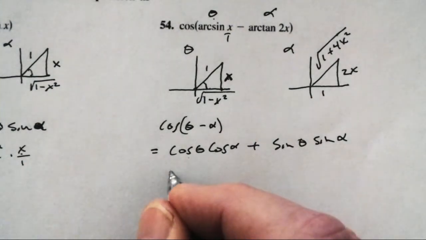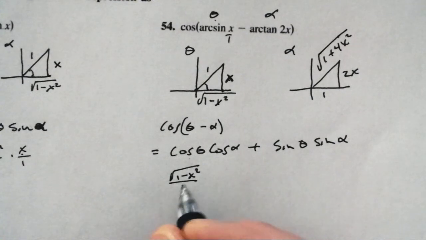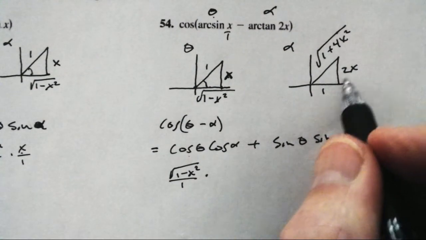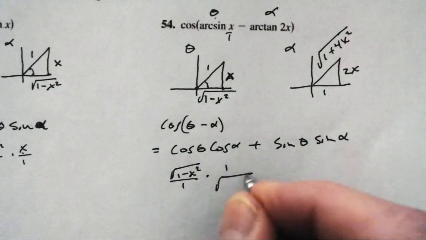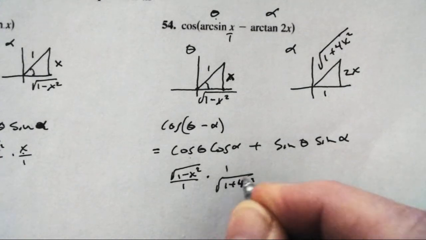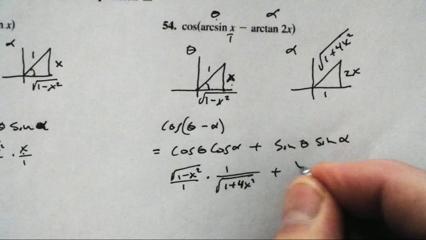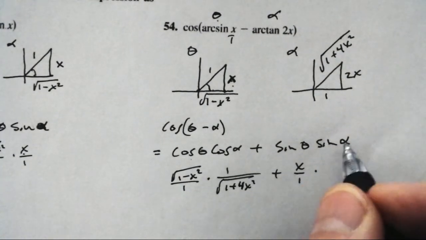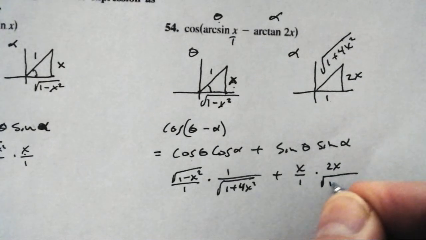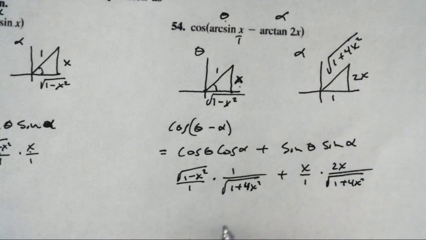Our cosine ratio is square root of 1 minus x squared on 1. Cosine of phi is 1 on square root of 1 plus 4x squared, plus sine of theta, that's an easy one, x on 1, times sine of phi, 2x, on square root of 1 plus 4x squared. See, common denominators, they happen.